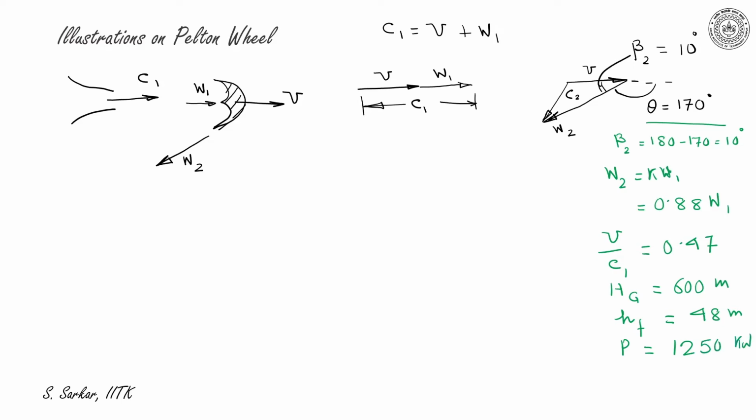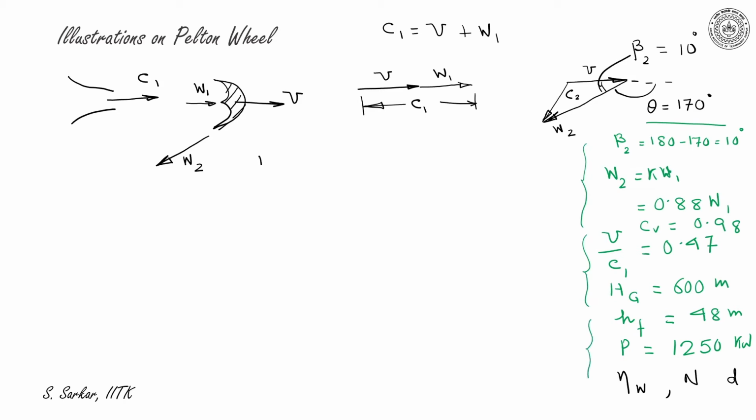Now we need to calculate the efficiency of the wheel, rotational speed, and diameter of the jet, right? Furthermore, CV is also given as 0.98. So these are the quantities which are given.